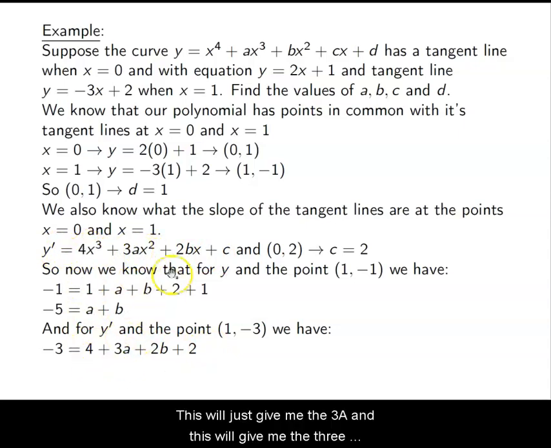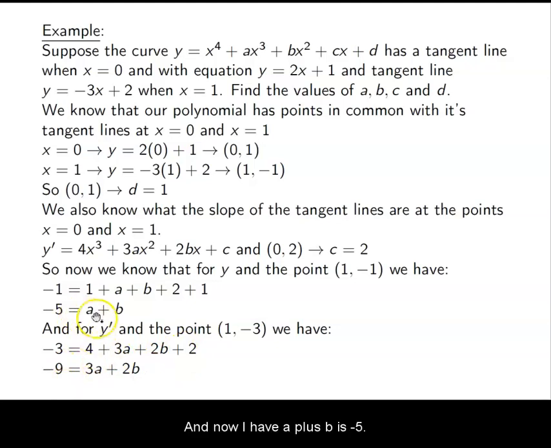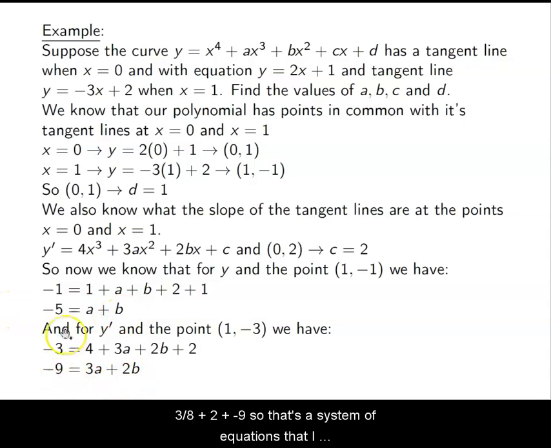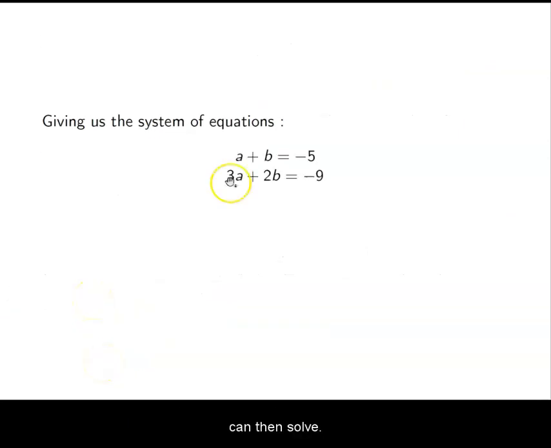This will just give me the 3a, and this will give me the 2b, and I know already that c is 2. So now when I solve this, I'll get another equation for a and b. I'll subtract 4, subtract 2, and now I have a plus b is negative 5 and 3a plus 2b is negative 9, so that's a system of equations that I can then solve.